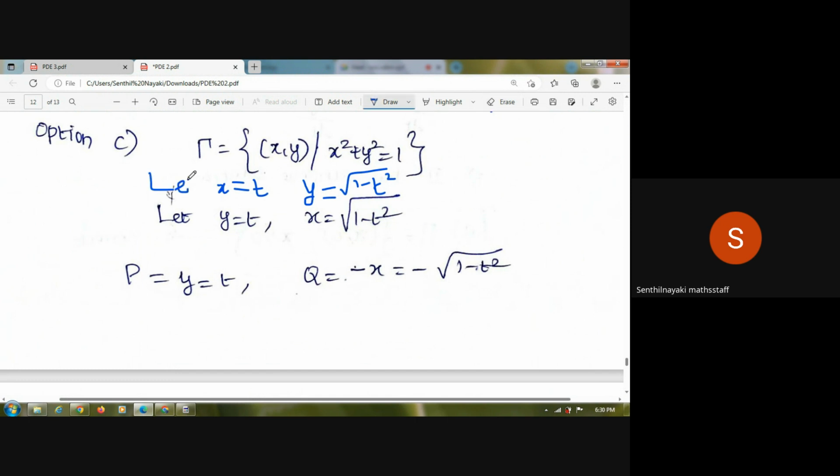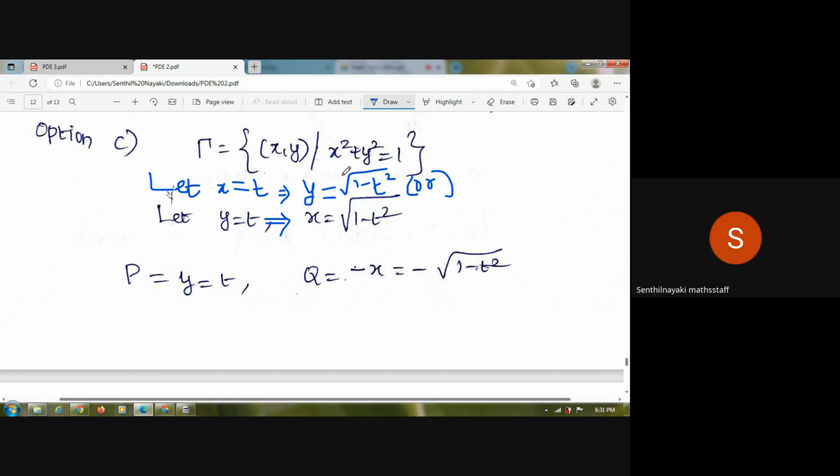So let x equal to t, then y equal to root of 1 minus t square, or y equal to t, then we get x equal to 1 minus square root of 1 minus t square. So already we know the value of p and q, p equal to y and q equal to minus x. Therefore p equal to y, means y value t.